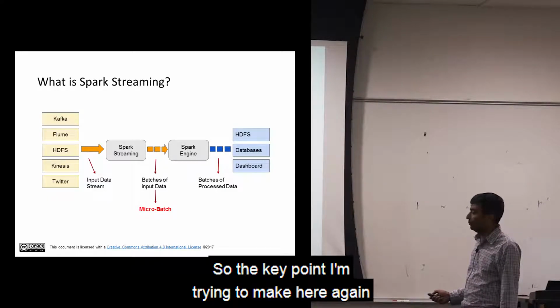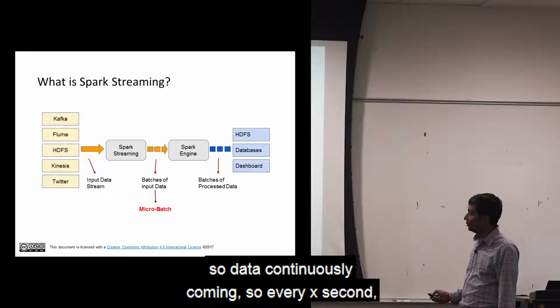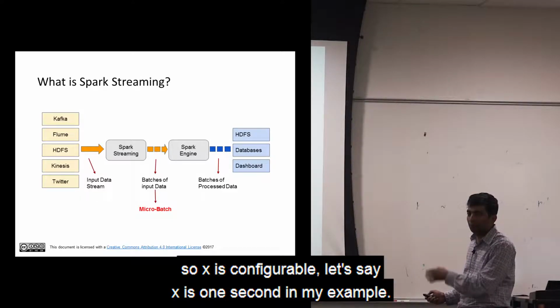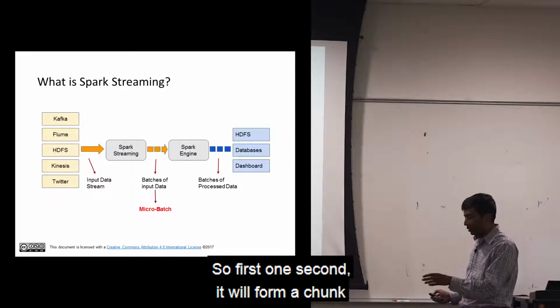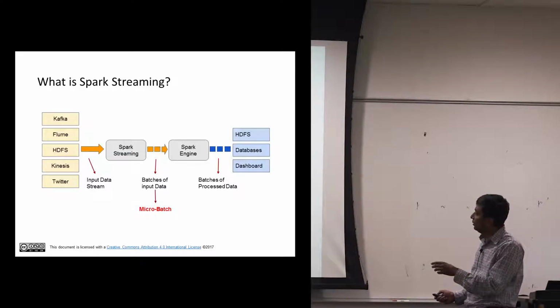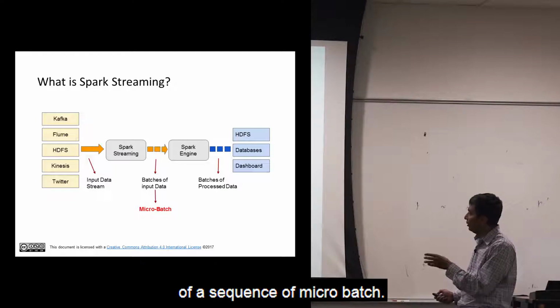The key point I'm trying to make here, again, is that data are continuously coming. So every X seconds, where X is configurable, let's say X is 1 second in my example, the first 1 second will form a chunk, which we formally call a DStream. A DStream consists of a sequence of micro batches.